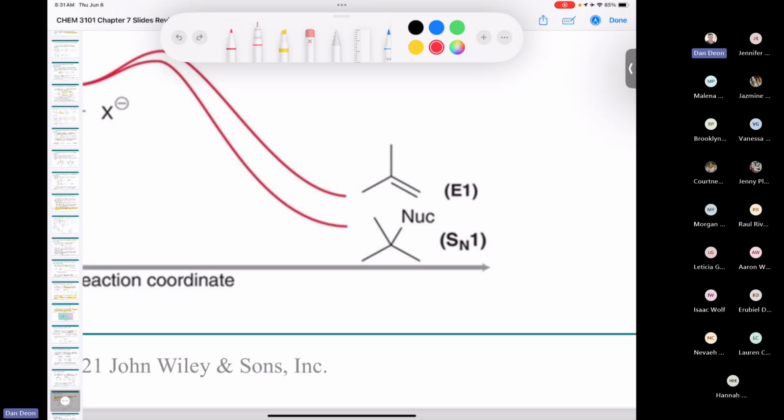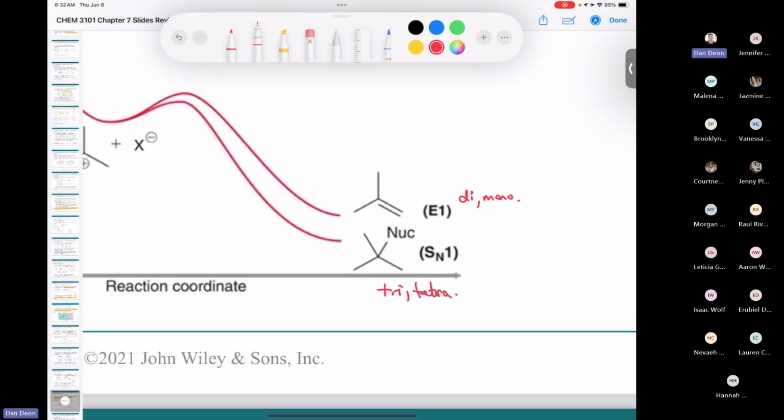So usually, if it's di or mono-substituted, it's going to be slightly less stable than the SN1 product. And if it's tri or tetra-substituted, it's going to be slightly more stable than the SN1 product.